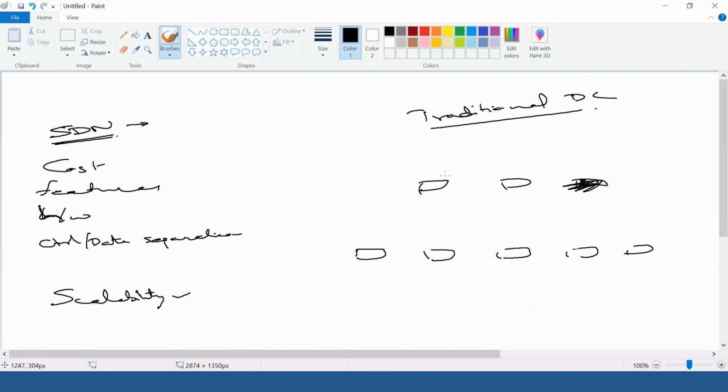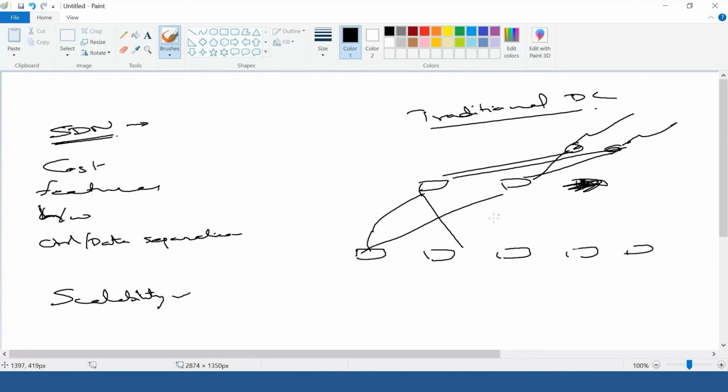Once traffic lands in the control plane and the routing is done, we can use this forwarding path for sending all traffic in terms of SDN. But in traditional, the routing table update takes more, and more traffic as well.